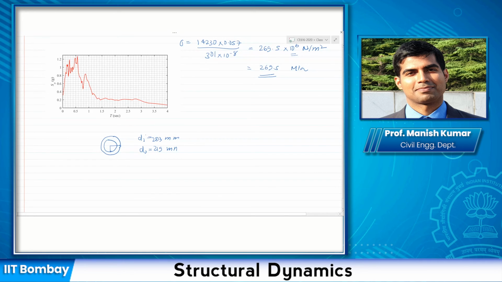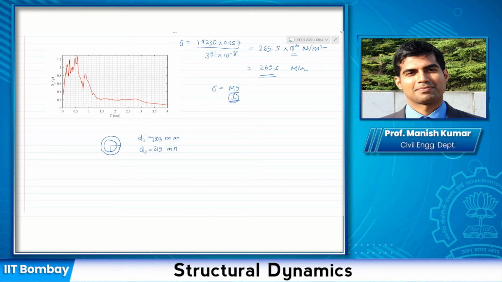Remember, stress is basically what? It is My by I, so it depends on I, with y in the denominator. Now I is the fourth power of dimension, typically, isn't it? And y is a single power of dimension. So if I increase the section sizes, this value increases significantly compared to the numerator, and you typically get a smaller value of the stress.